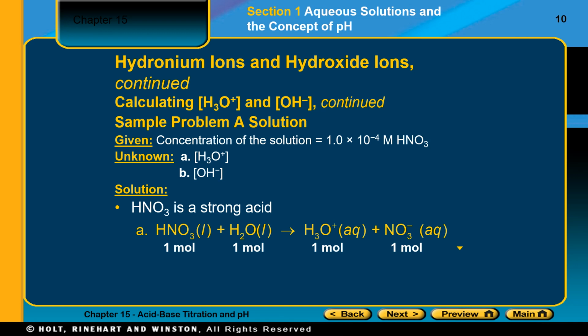So for every 1 mole of HNO3, I need 1 mole of water, but I'll form 1 mole of hydronium ions and 1 mole of nitrate ions. And if you remember this definition from a previous chapter, the molarity is moles per liter. So the molarity of HNO3 is really just the number of moles of HNO3, nitric acid, per liter of solution.